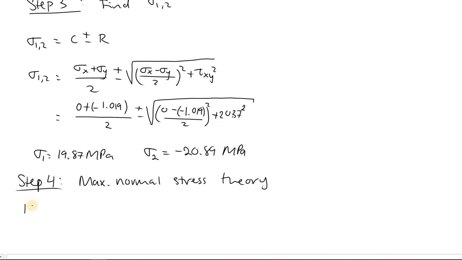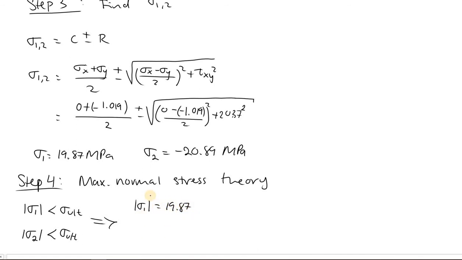Well, it says that the absolute value of our principal stress 1 should be smaller than our ultimate stress. It also says that the absolute value of our principal stress 2 should also be smaller than our ultimate stress for the material.